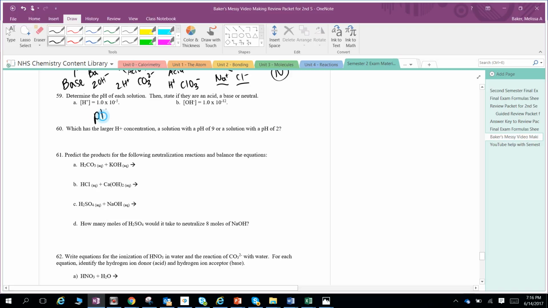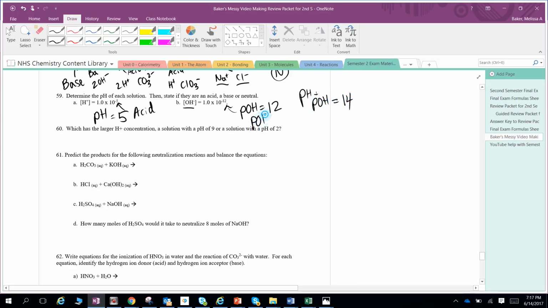We learned that the pH is equal to the negative exponent of the hydrogen ion concentration. So this would be a pH of 5. Since it's less than 7, that's an acid. And the hydroxide concentration has a relationship with pOH being equal to the negative version of the exponent. And we learned that pH plus pOH equals 14.